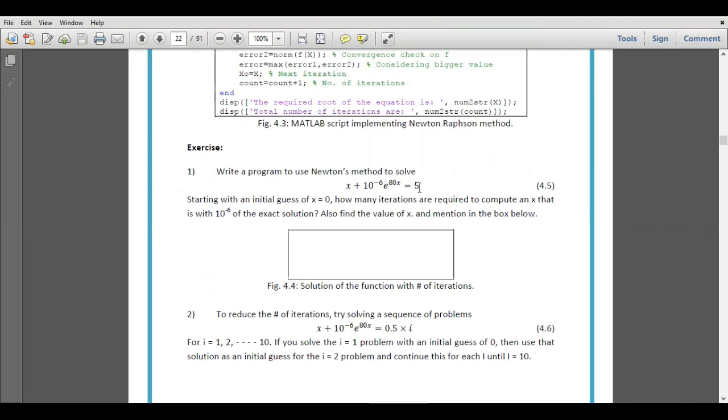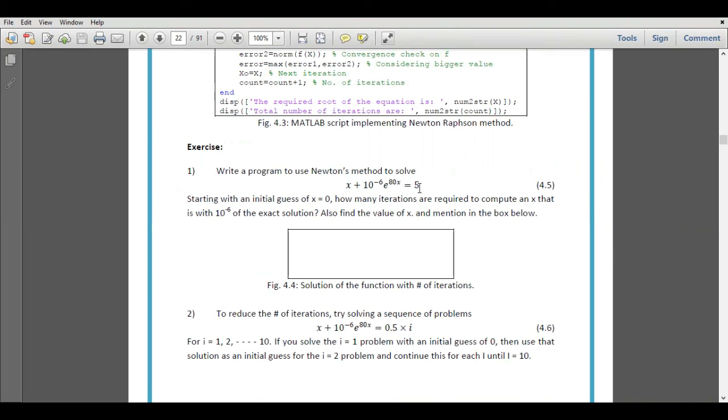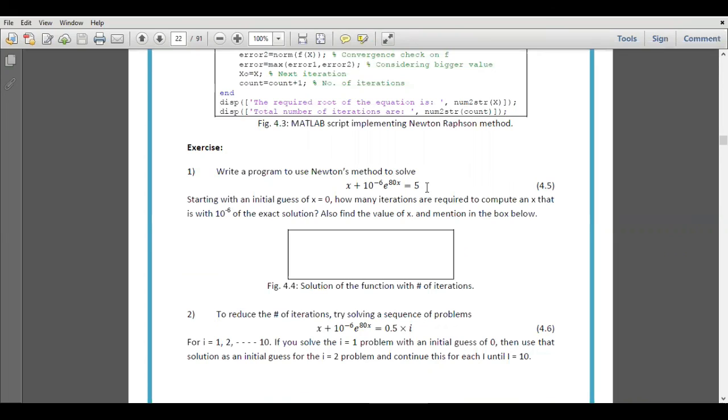Now, clearly in this equation, we can see this is a nonlinear equation, and it is impossible to calculate the value of x by conventional analytical methods. So in solving such equations, we have to use Newton-Raphson method.